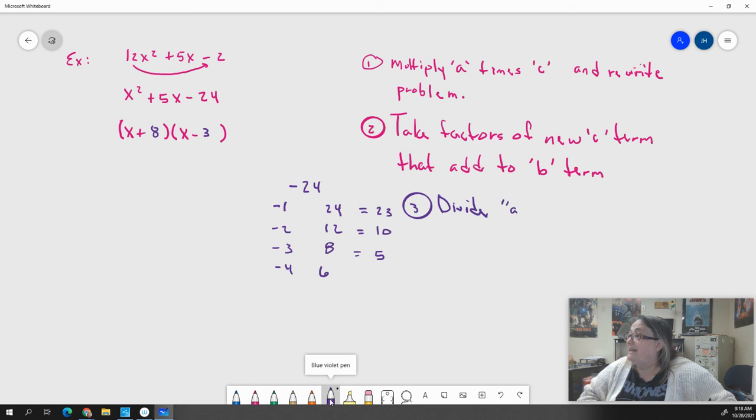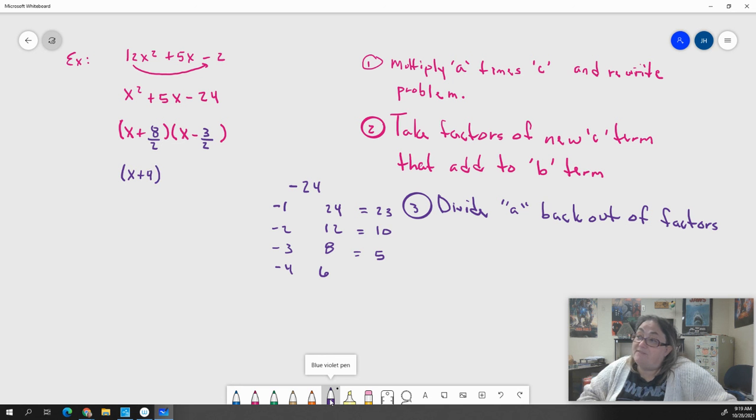So I'm going to divide that A term that we had back out of the factors. What does that look like? I'm going to show you. So here, I'm going to divide this by 12, and I'm going to divide this by 12.